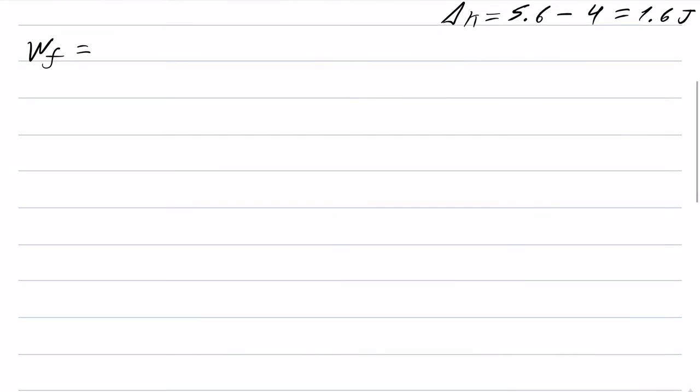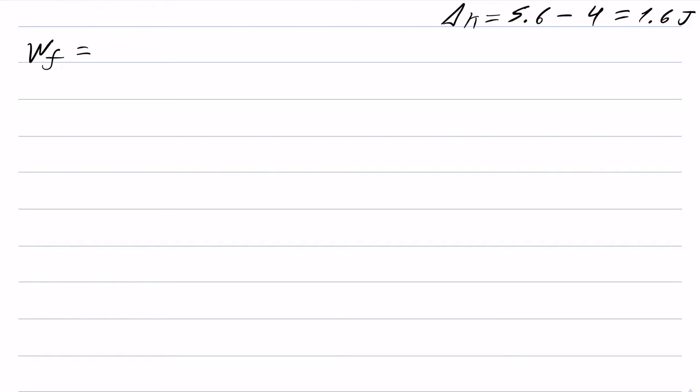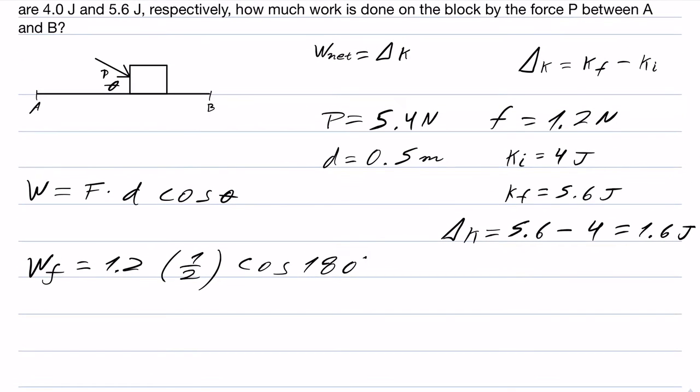What we can do is find the work done by the force of friction, and that is equal to the force of friction, which is 1.2 newtons, times the displacement, which is 0.5 meters or 1/2, and then the cosine of the angle between those two vectors. In this case it will be 180 degrees, simply because friction is always going against the motion.